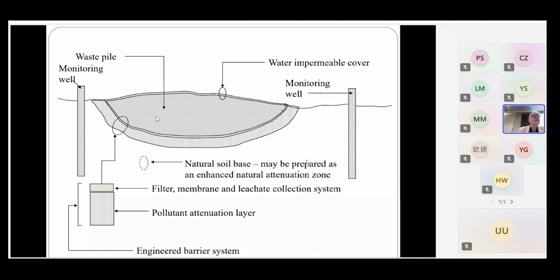So this is an ideal setup of a landfill. This is what we call the engineered barrier system. And then of course you have the monitoring wells to see whether you're contaminating the groundwater or not.